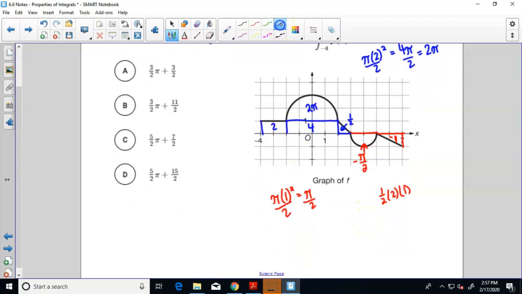So if we take all of our little sections, we would have 2 plus 4 plus 2 pi plus 1/2 minus pi over 2 minus 1.